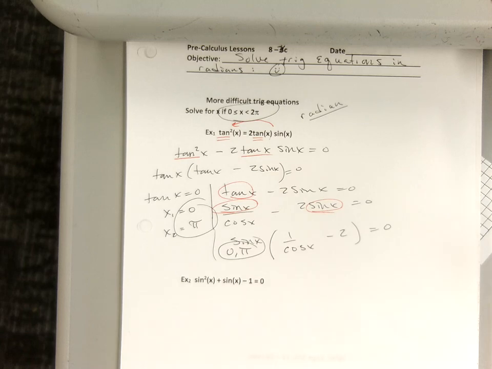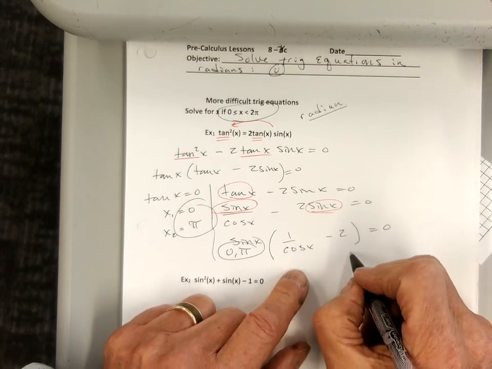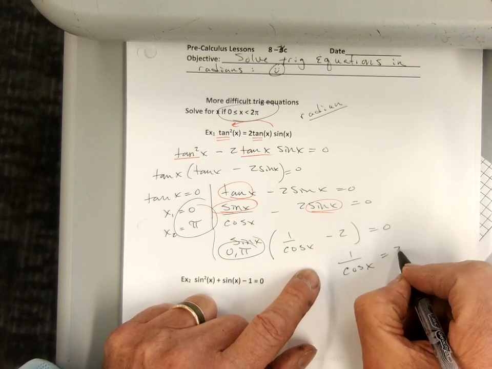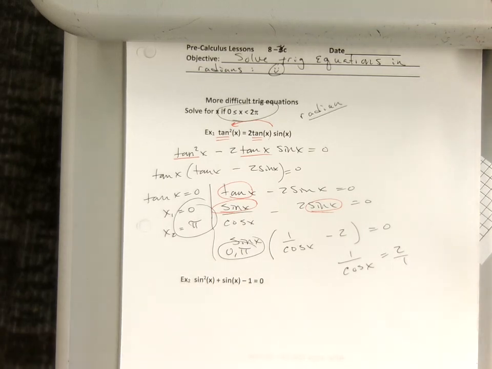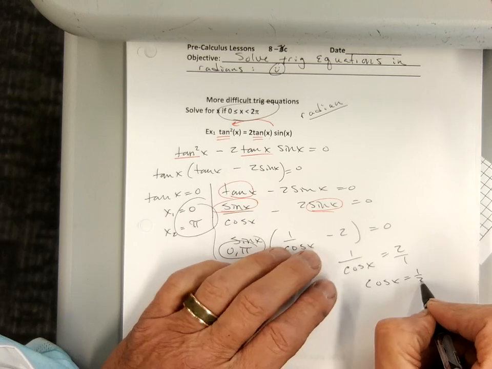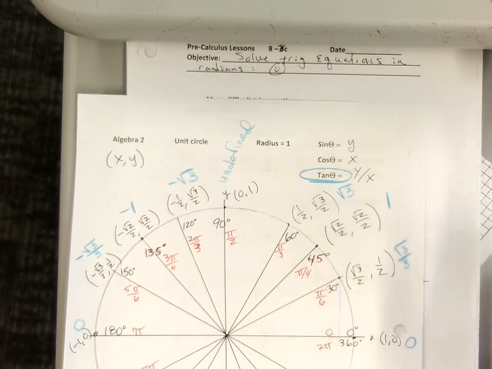So let's repeat. Now, how about this one? Well, we can finish this one. I can go 1 over cosine of x equals 2, add 2. 2 over 1, flip it, right? Flip it, make it into cosine of x equals 1/2, and that's on the unit circle also. Where is cosine equal to 1/2?